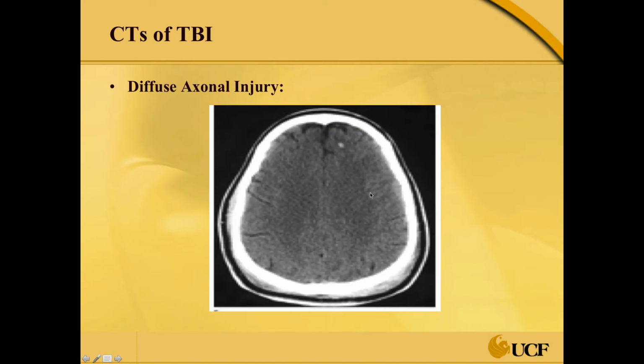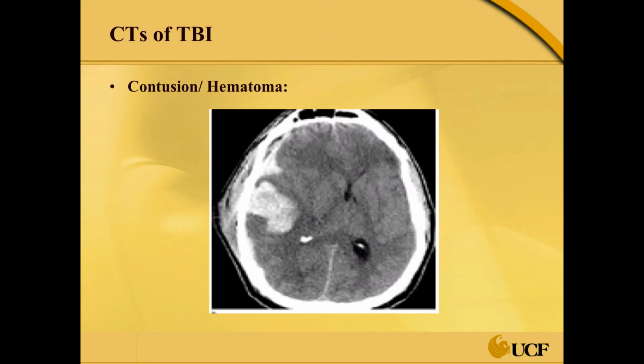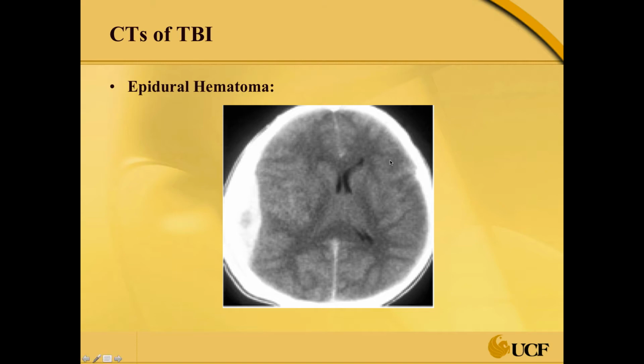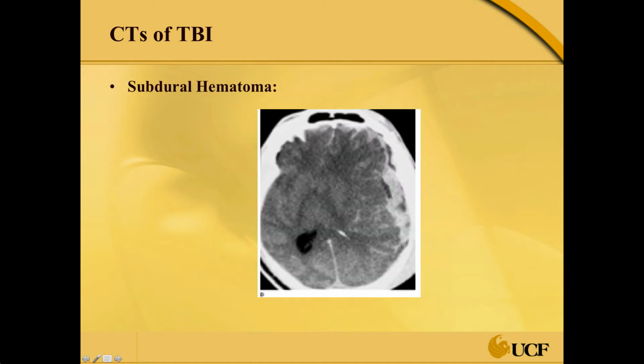Compare that to this. Look at these gyri and sulci that you can see here versus here. They're gone. See? That is your hallmark finding of a diffuse axonal injury, is loss of the sulci and gyri.